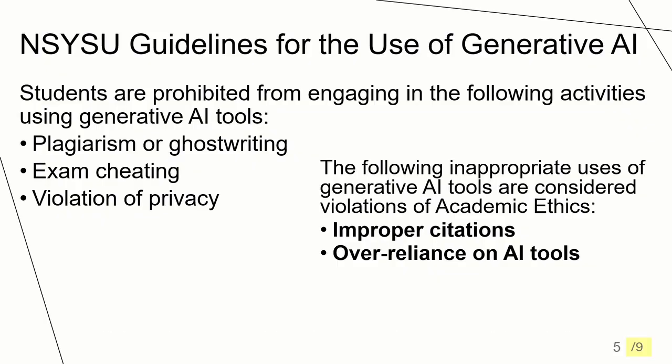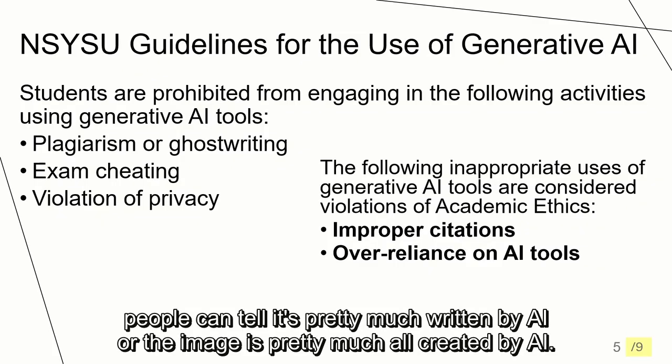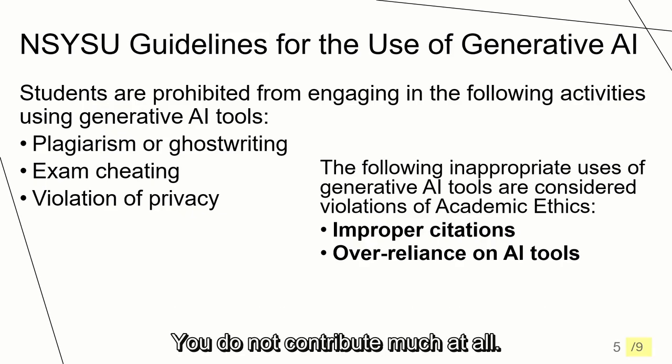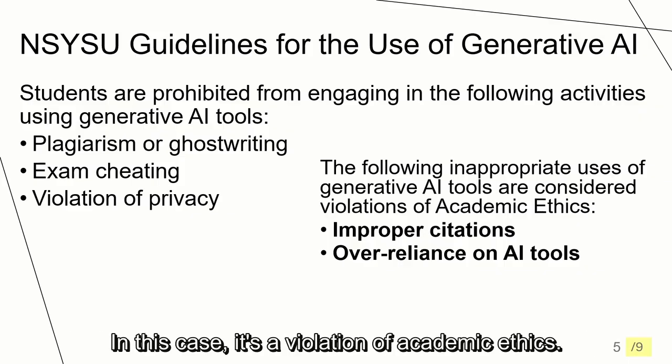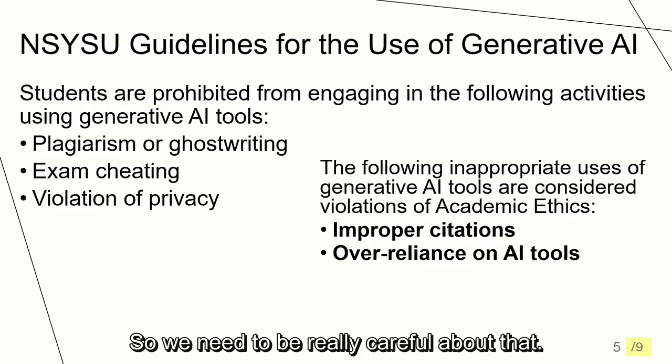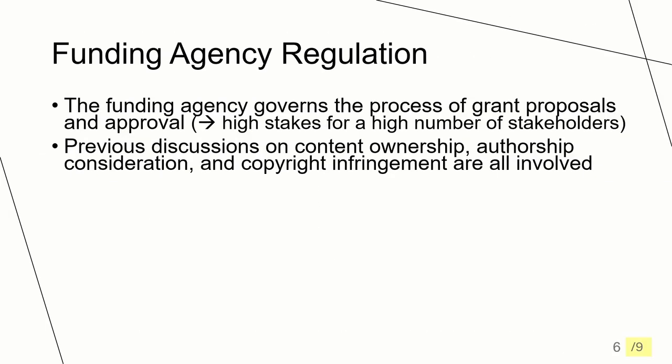Using it too much. If you use AI too much, people can tell it's pretty much written by AI, or the image is pretty much all created by AI. You do not contribute much at all. In this case, we consider it over-reliance on AI tools, and it's a violation of academic ethics. So we need to be really careful about that.